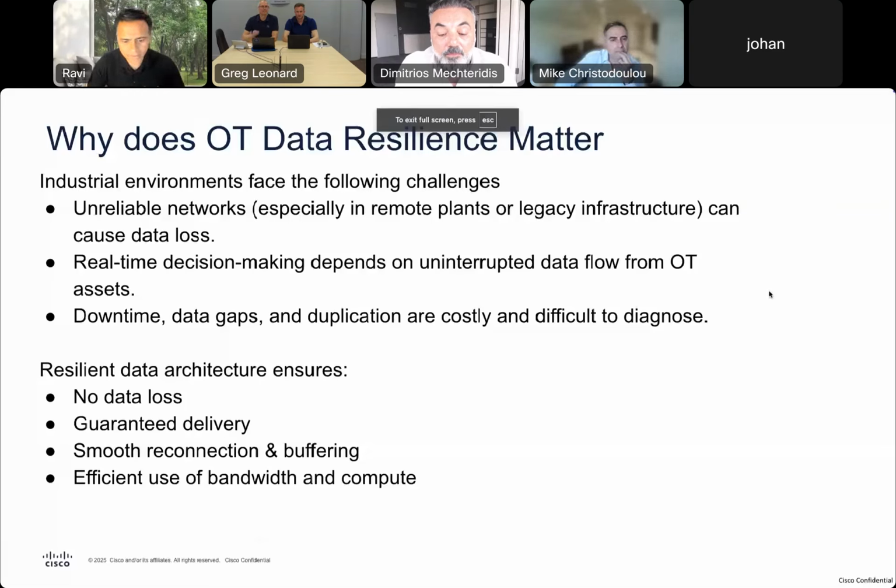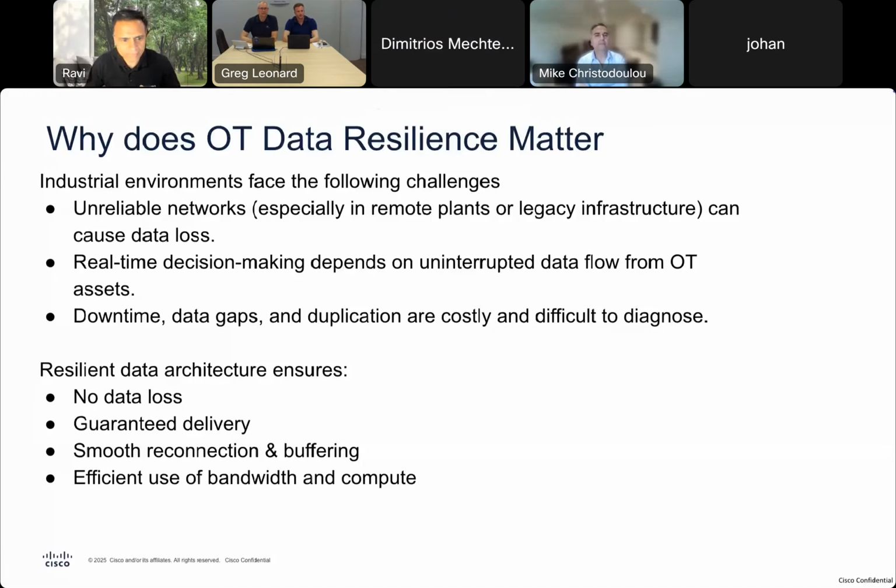Thanks, Greg, and thanks, Adam, for the wonderful introduction talking about digital resilience and OT cyber resilience, which is absolutely important. As you mentioned, I'm going to be talking about the data itself. There are a lot of things related to data where OT systems have issues that need resilience, and that's where OT data resilience comes in.